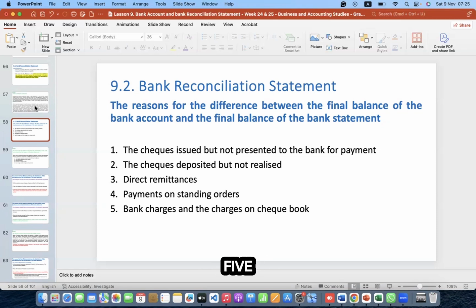So these are the five main reasons where the bank account balance and the bank statement balance are different.